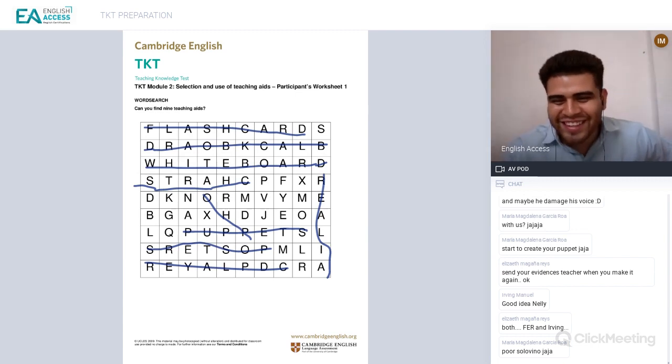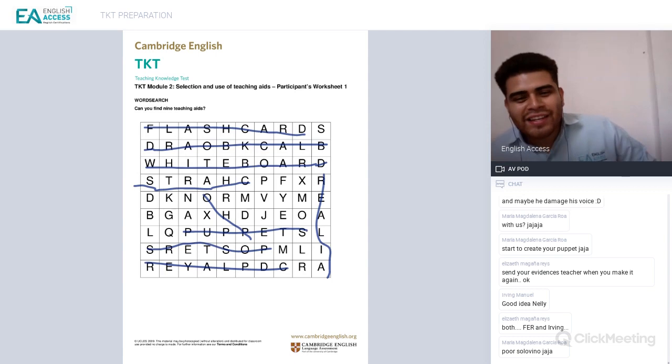All right, Magdalena. All right, let's go to the next worksheet. Is that okay?